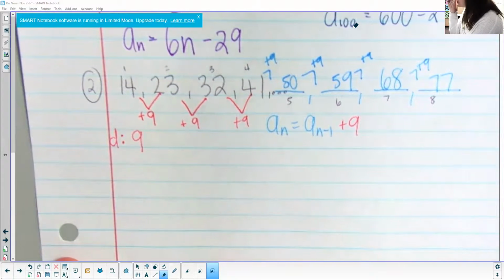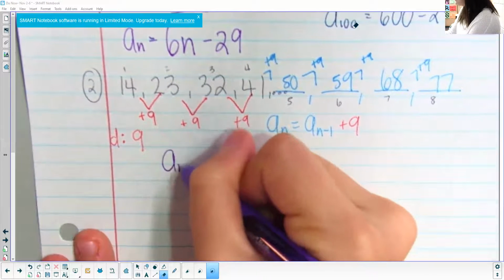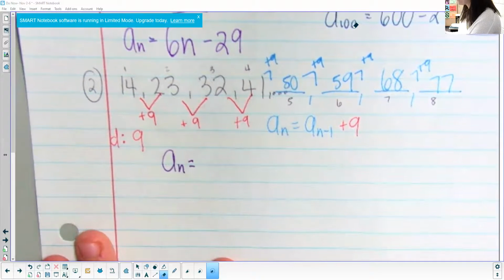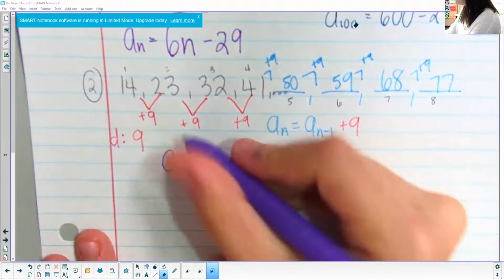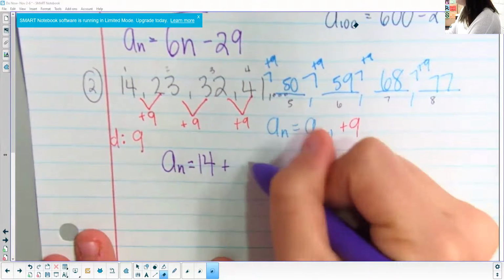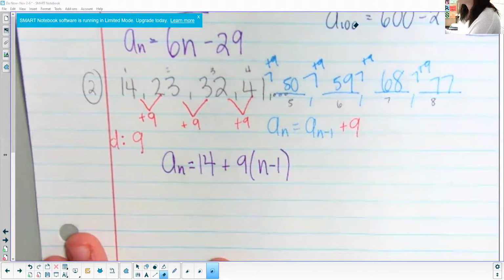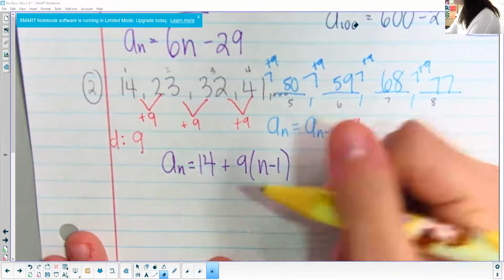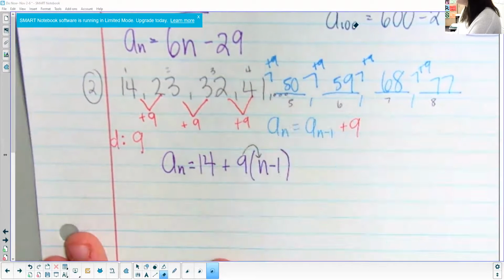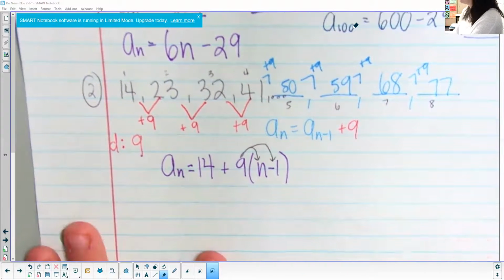Last thing that I'm going to do is write out the explicit formula. A sub n. My first term is 14 plus my difference, 9, times n minus 1. Now here, I'm just using the distributive property: 9 times n, 9 times negative 1, just to simplify.